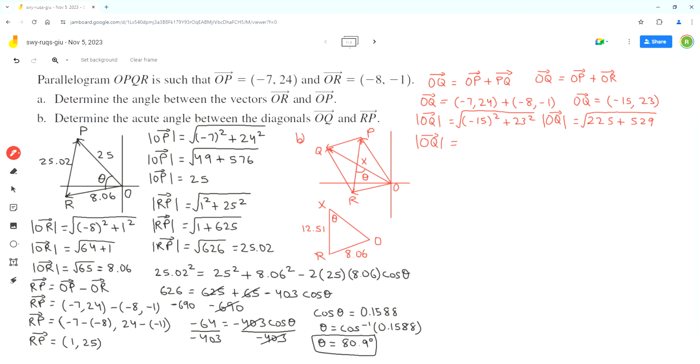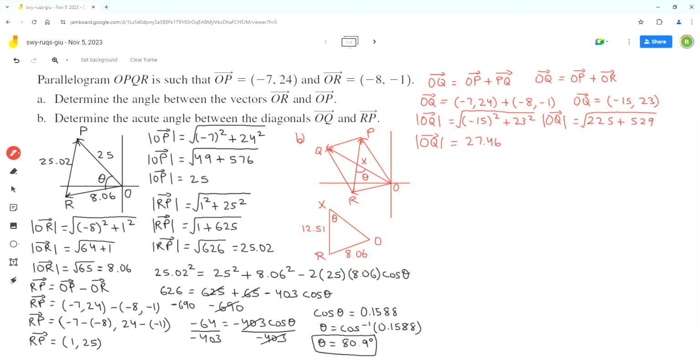Now 225 plus 529 is equal to 754, and the square root of that is 27.46. So this is the length of diagonal OQ.